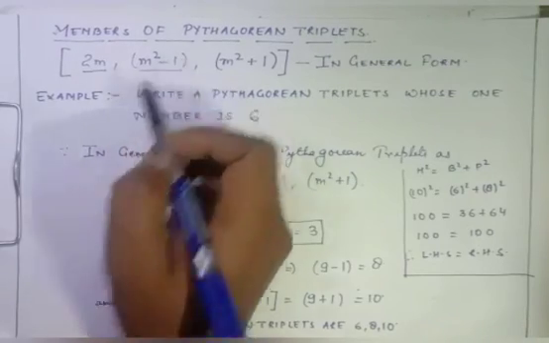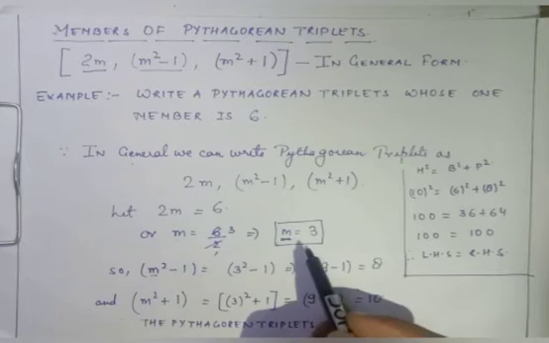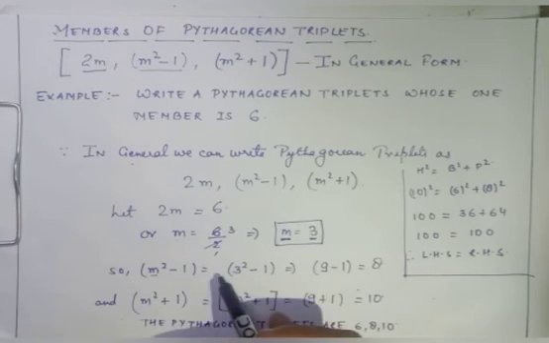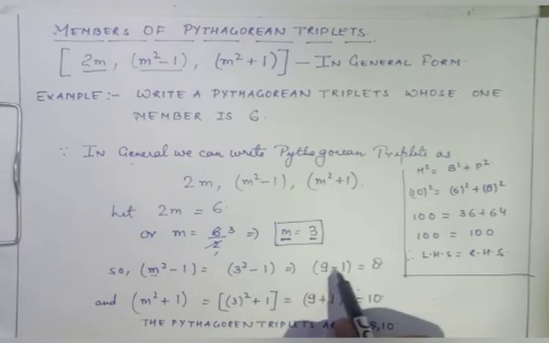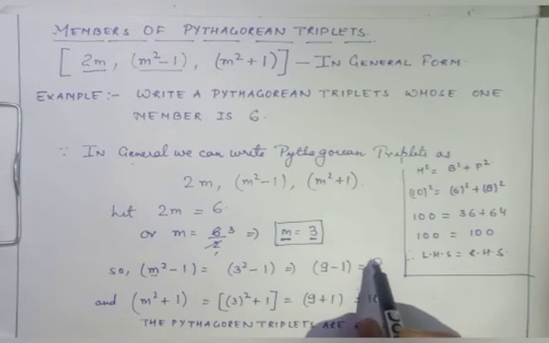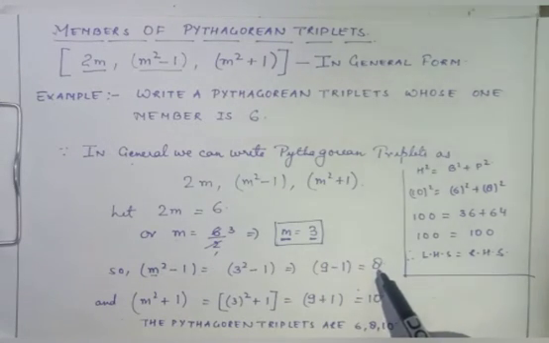What is the next member? m square minus 1 is equal to, in place of m, I am going to place the value of m, that is 3 square minus 1. What is 3 square? 9 minus 1 is equal to 8. This is the second member.